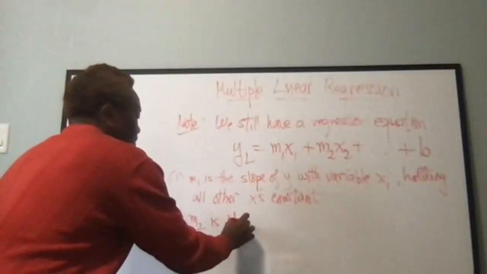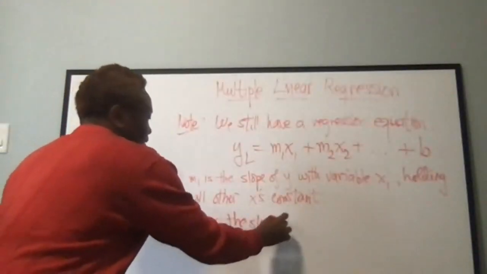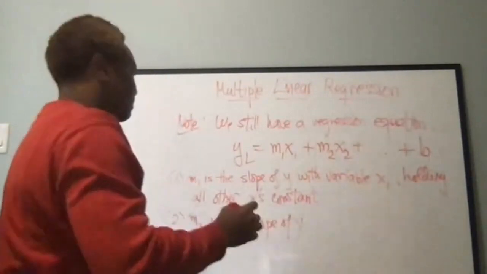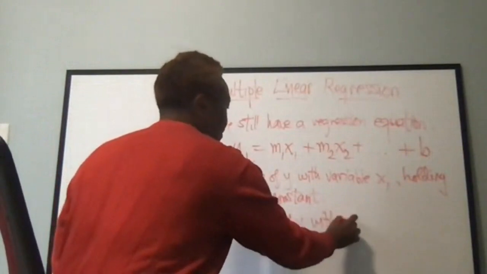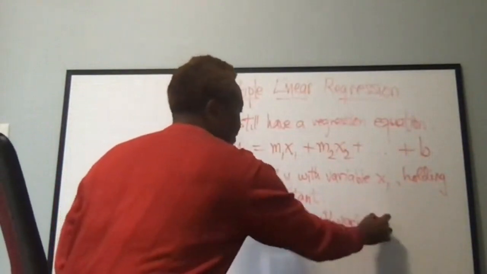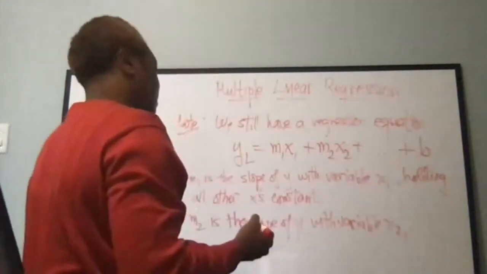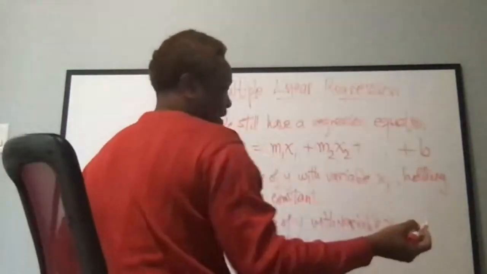Number 2, M2, for example, is the slope. It's still a slope. The slope of y with variable x2 holding all other x's constant.